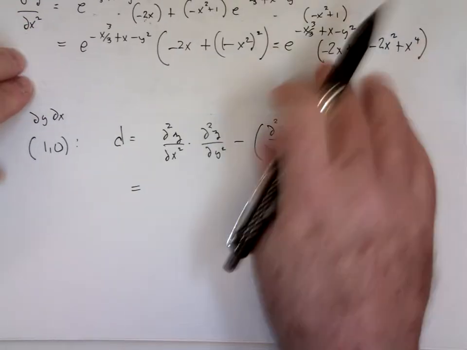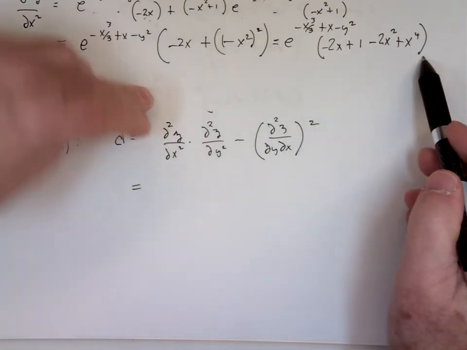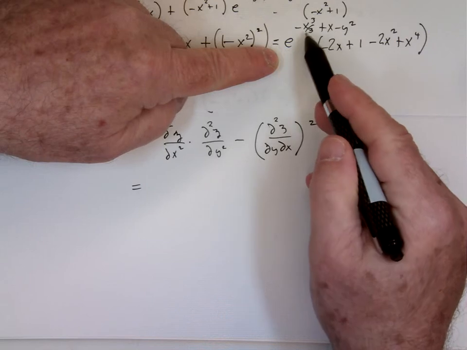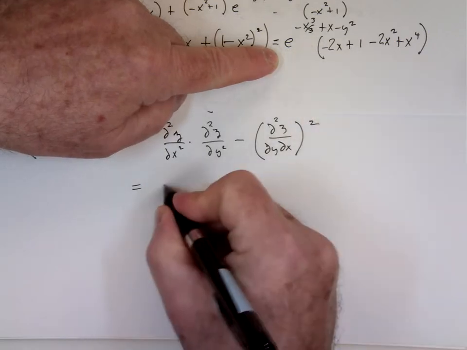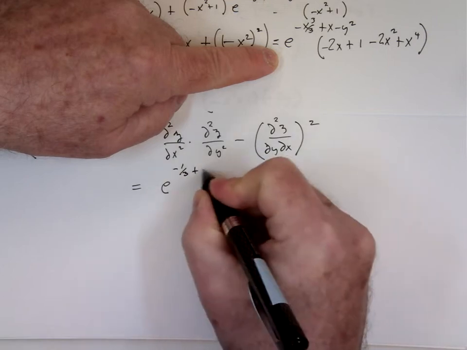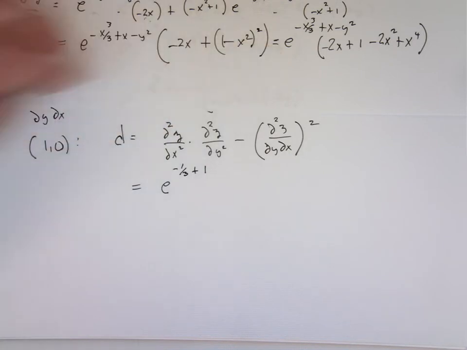Okay. Here's the second partial with respect to x. We're doing this at 1, 0. So it'll be e to the negative 1/3, I'll write it out, e to the negative 1/3, plus 1, then you get a 0. Dan's already got it? You got this, Dan? Yeah, I got all the values. Oh, wow. So you plugged it all in.